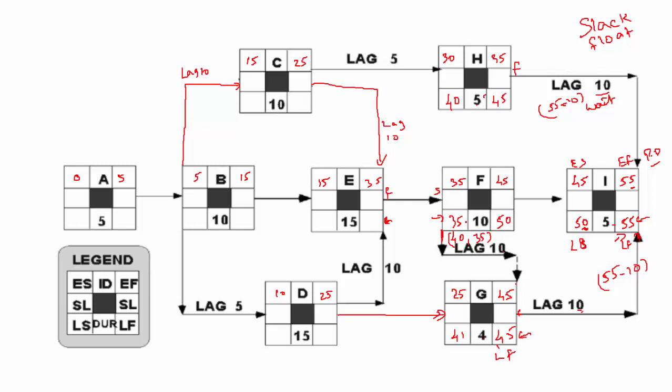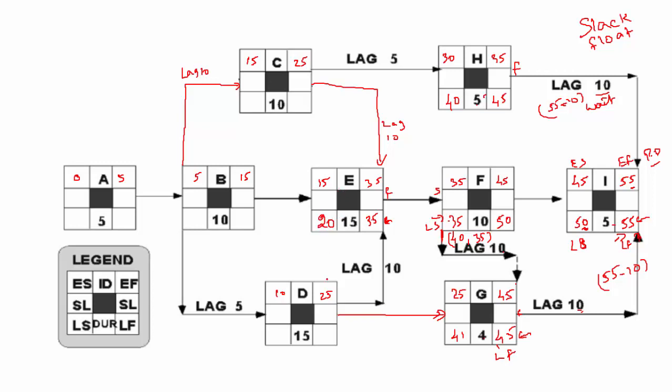So the 35th day we can start, the latest start is the 35th day. So the latest finish could be 35. Okay, so we just bring this value over here. Now 35 minus 15 would be 20. So write down 20 here.